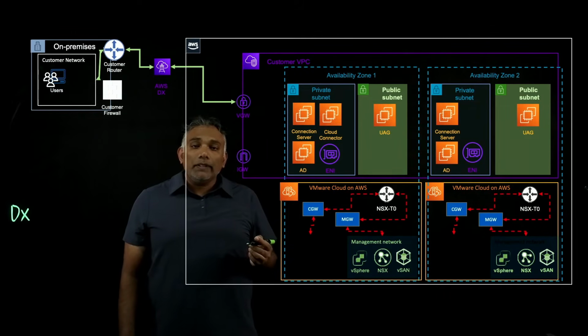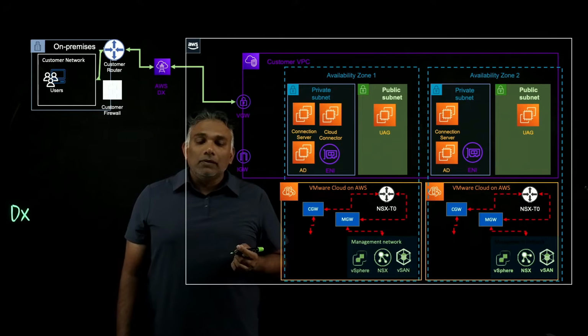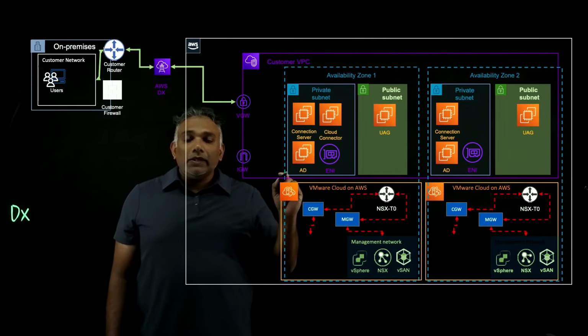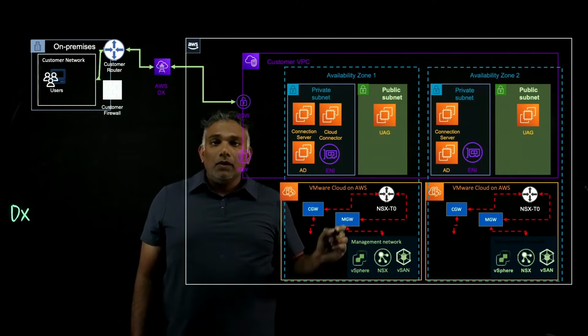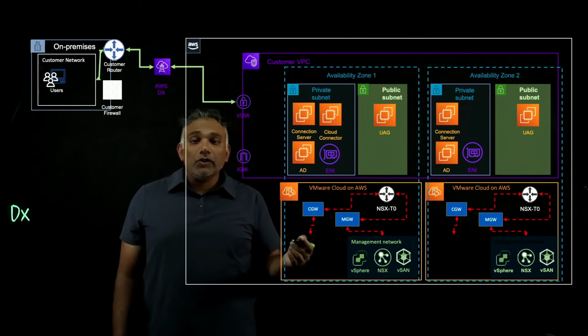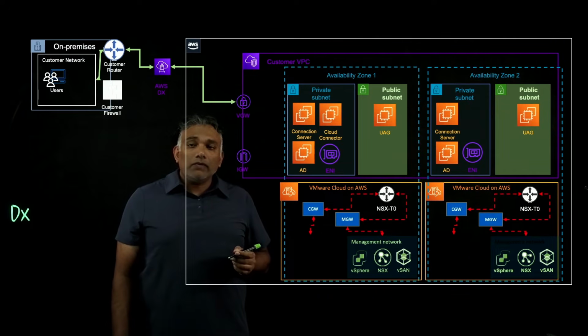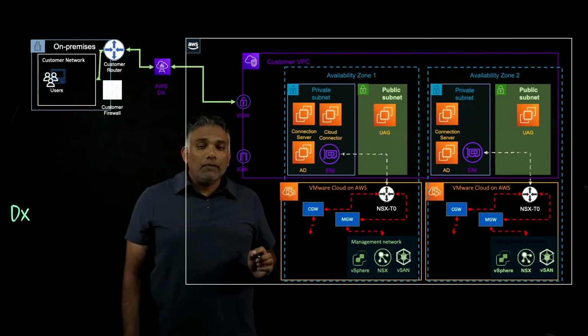Once this is deployed, we'll deploy VMware Cloud on AWS. Now, what you notice here is that there are 2 VMware Cloud on AWS deployments. We won't go into details on both of these and how they're set up or configured. We encourage you to look at our other videos and reference architectures, as well as our blogs on VMware Cloud on AWS.